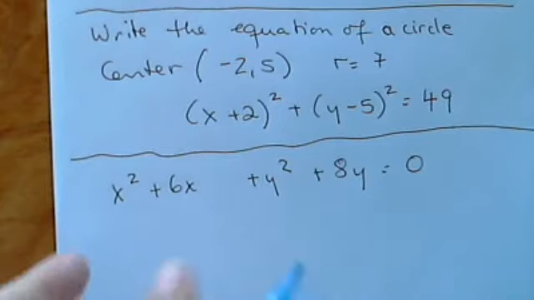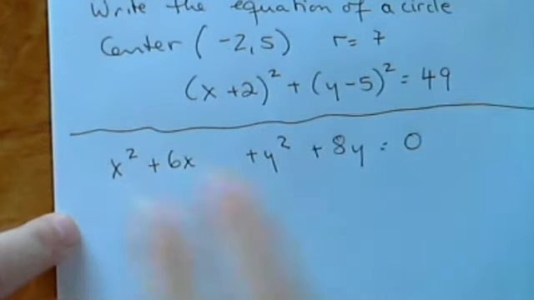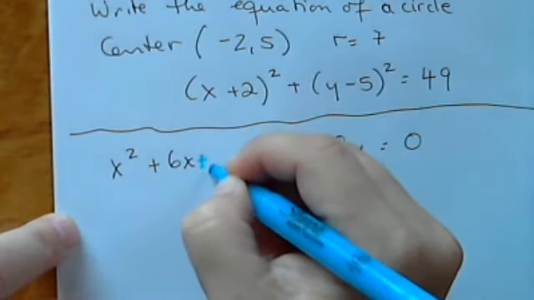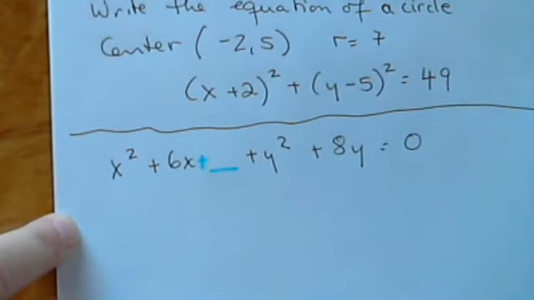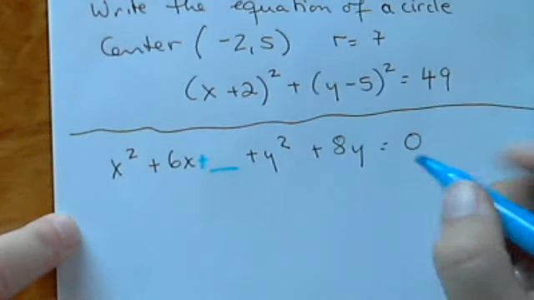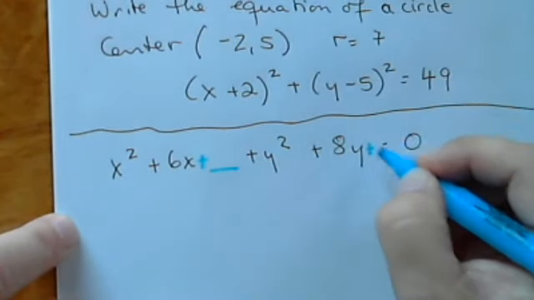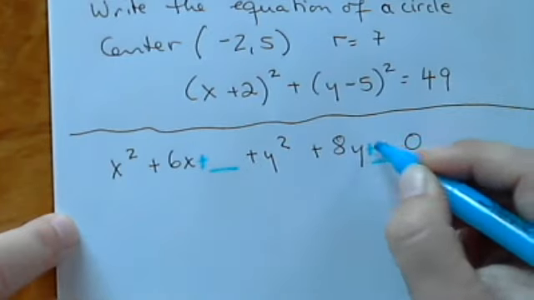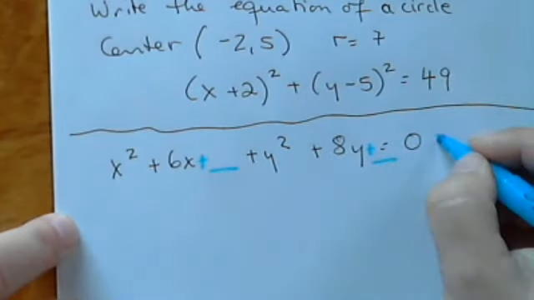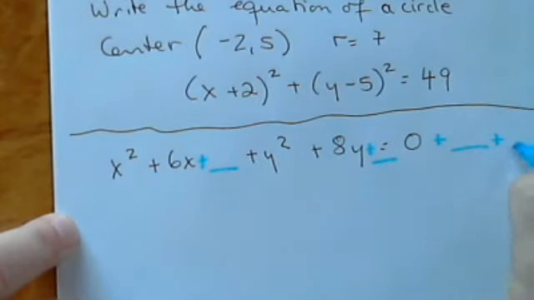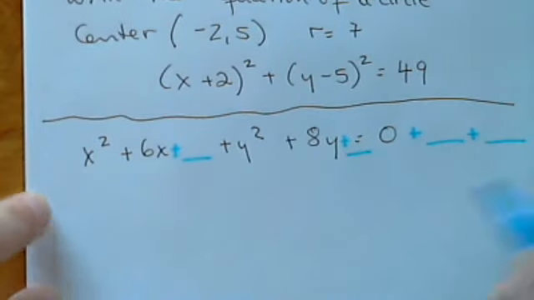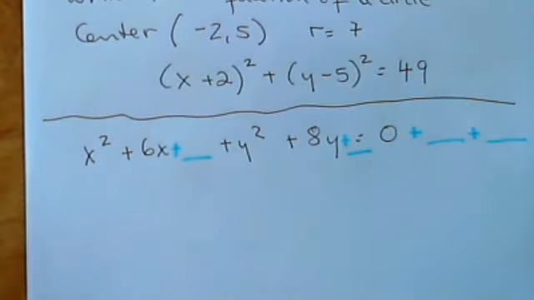So in other words, we have all our x terms together. We're going to add something here to make that a perfect square trinomial, and I didn't leave much room, but we're going to add something to the other side, to the y terms, and what we do to one side we have to do to the other side. So how do we complete the square?